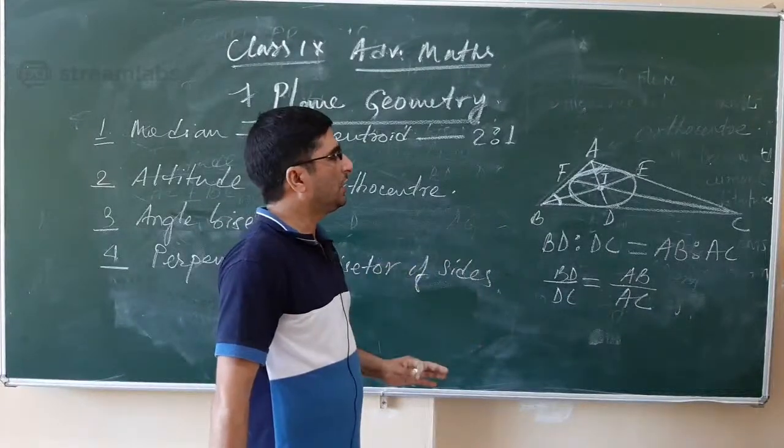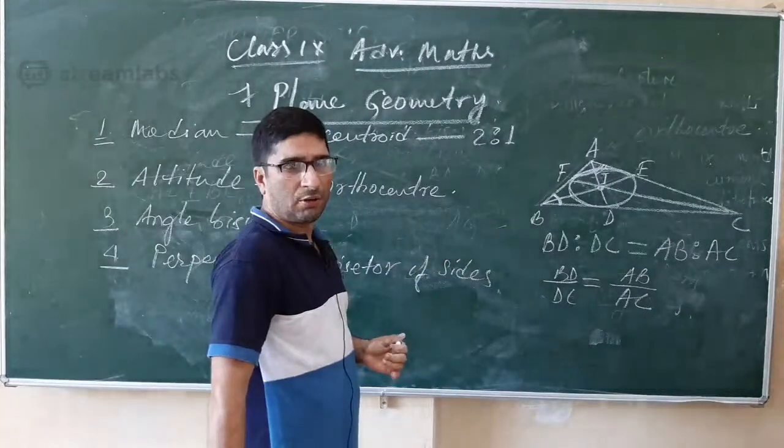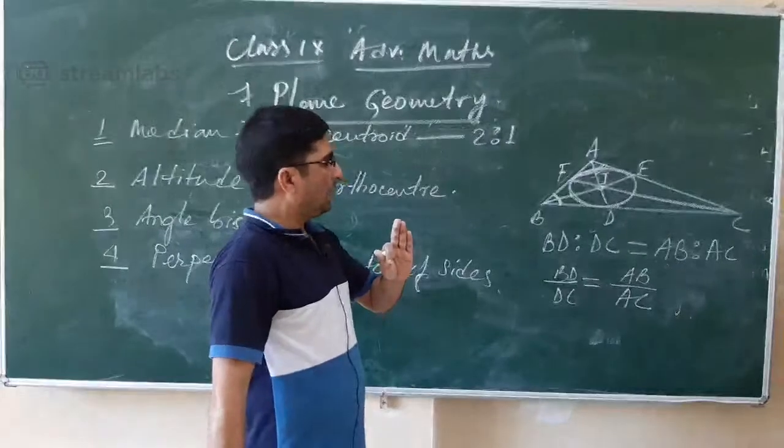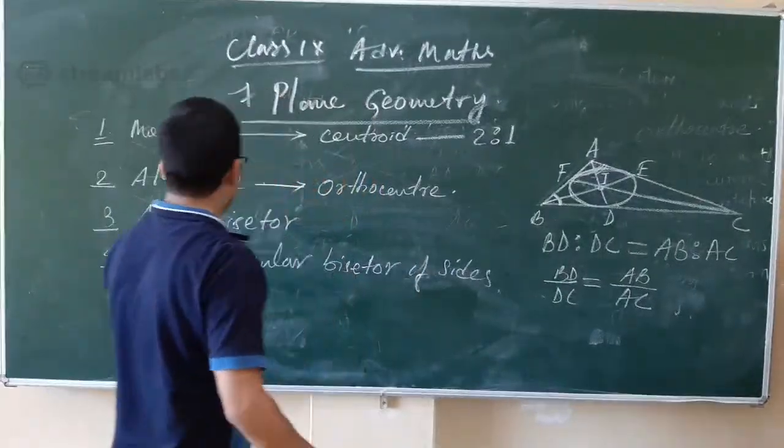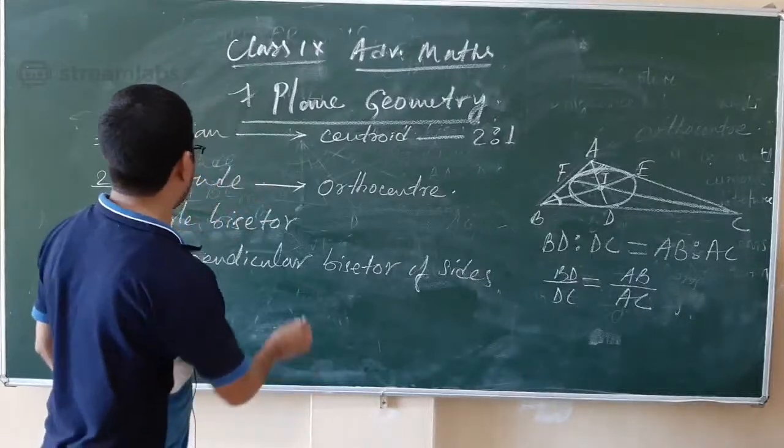This is all about the angle bisector of a triangle. So what are the points you have learned in angle bisector?